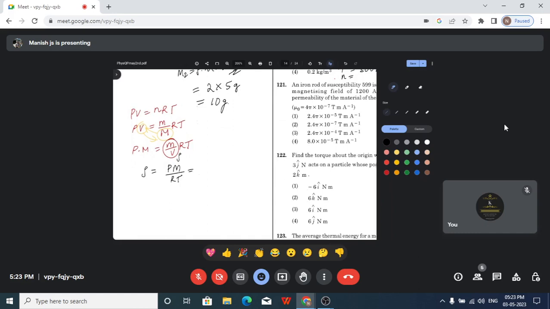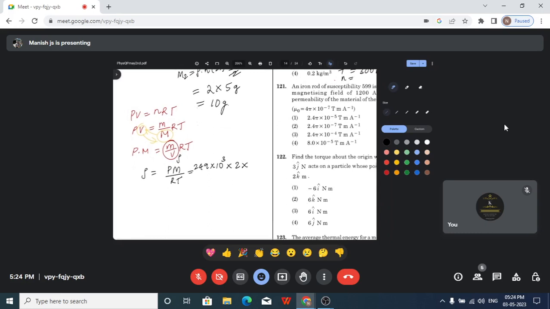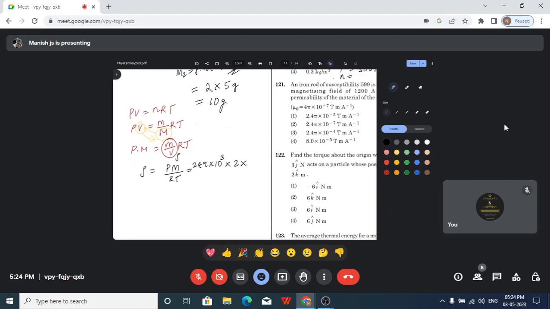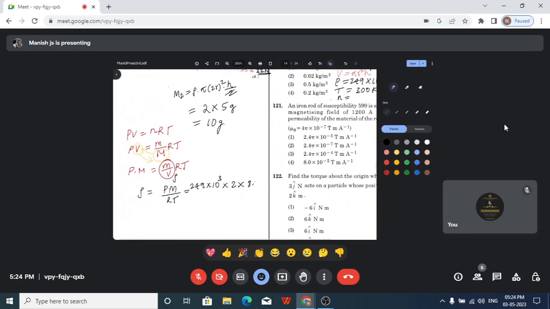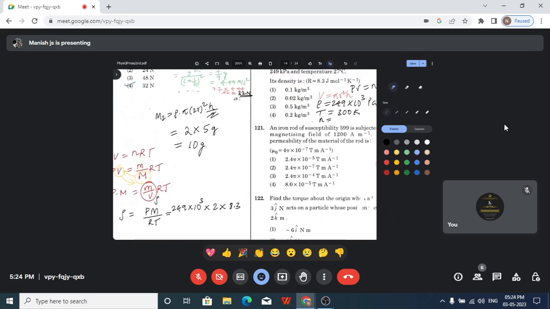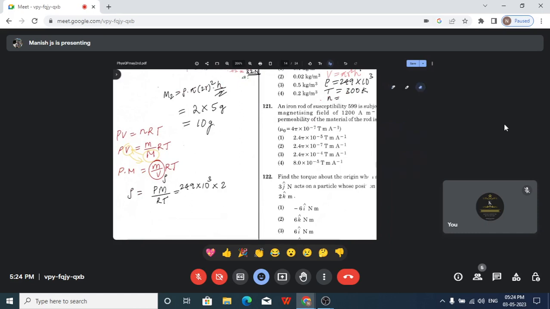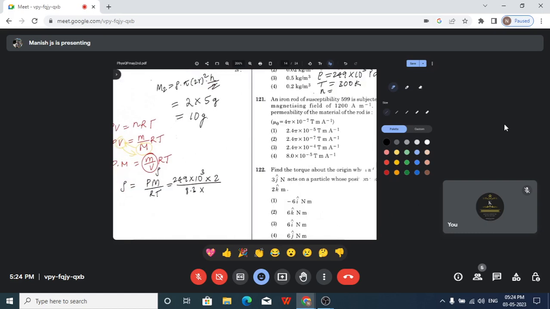Next I go and substitute. Pressure is given as 249 kilopascal, so 249 into 10 power 3. Hydrogen gas has 2 atoms of hydrogen bonded together using a sigma bond, so the molar mass is 2. R is specified in the question, which is 8.3, and it comes in the denominator. So it is divided by 8.3 into 300.